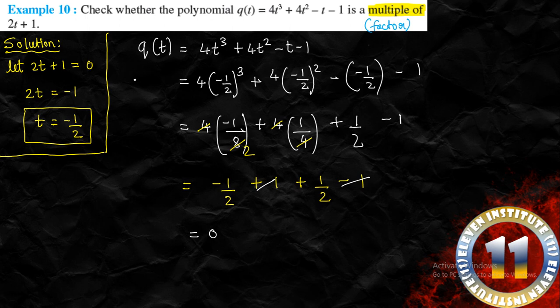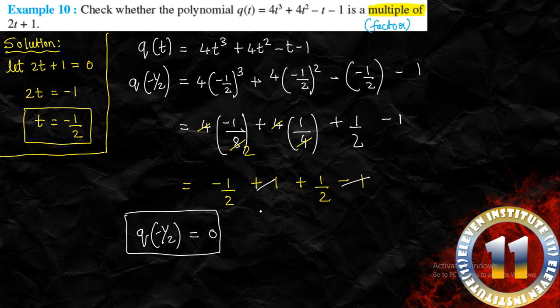Right? What we have found out? We have found out q of minus 1 by 2. So here we can see that q of minus 1 upon 2 is 0. So now we can write here remainder is 0.